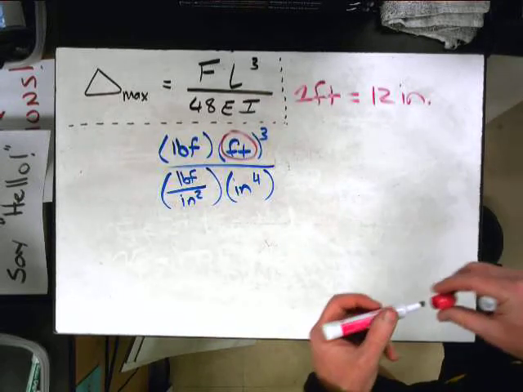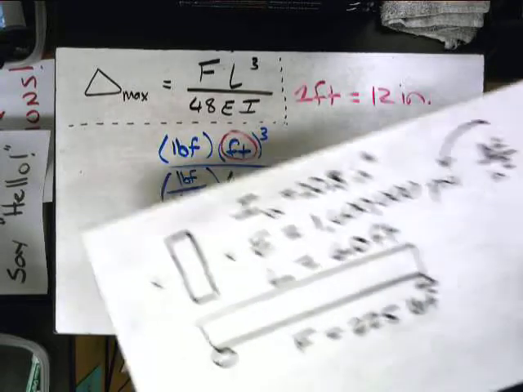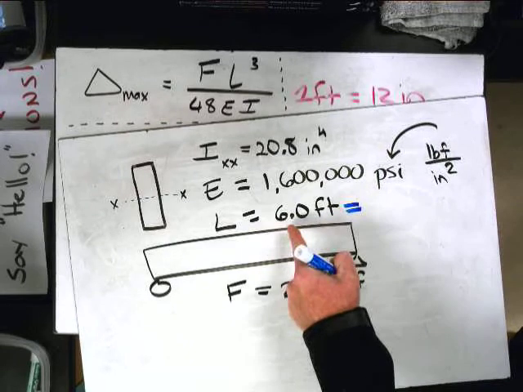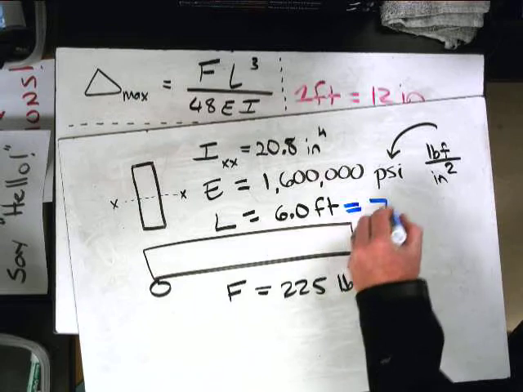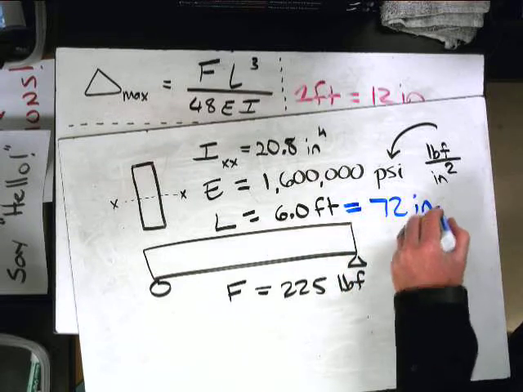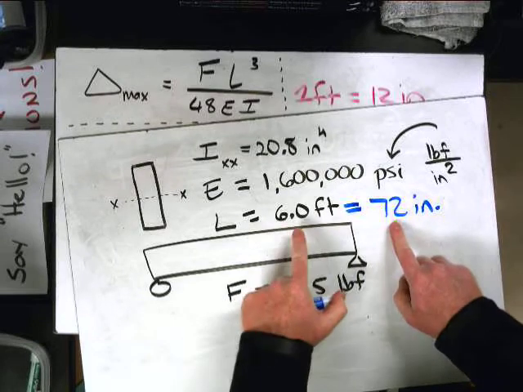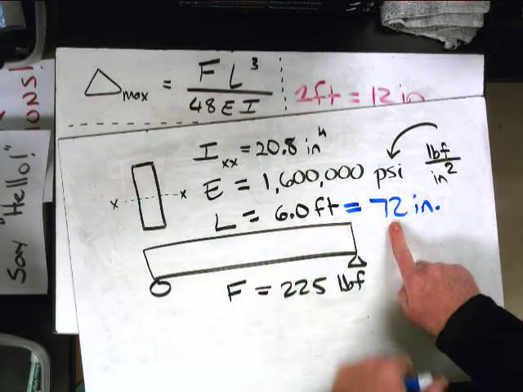And so when I go to calculate a numerical answer, I have to realize that I'm not using 6 for length. 6 feet, 6 times 12, 72. I have to use 72 inches for the length. To compute the answer, that's the number for L that I would use.